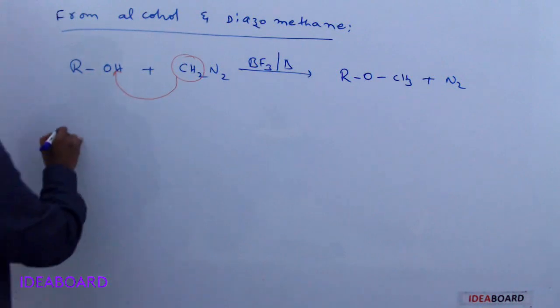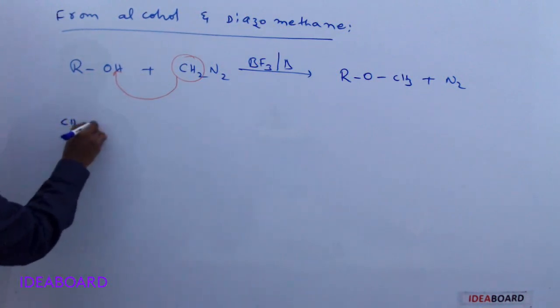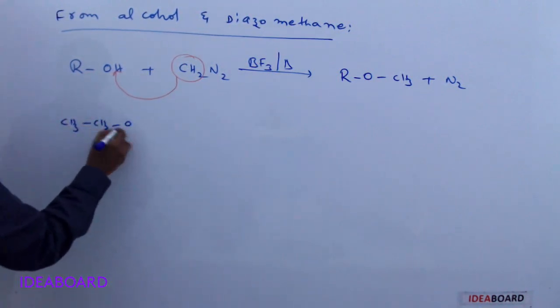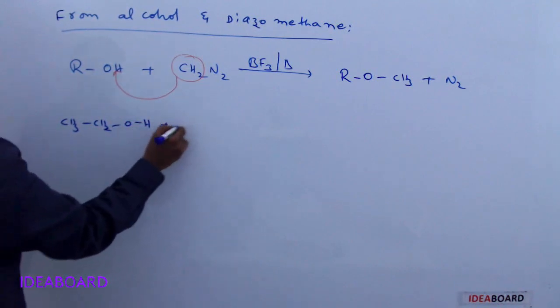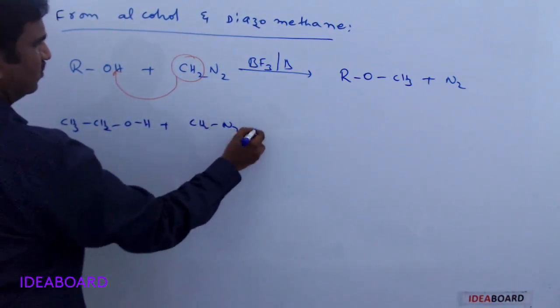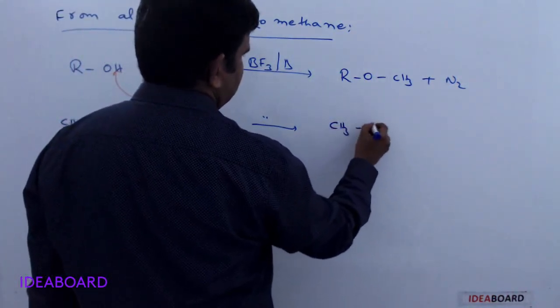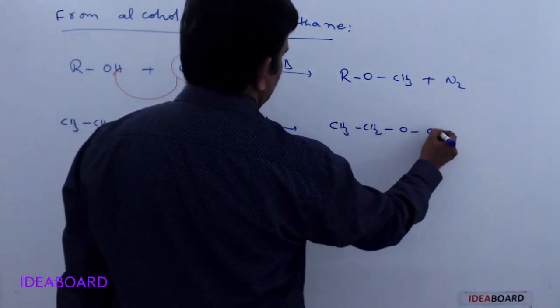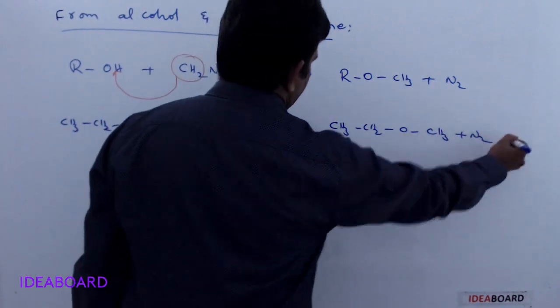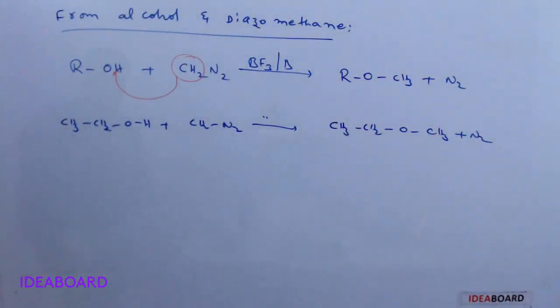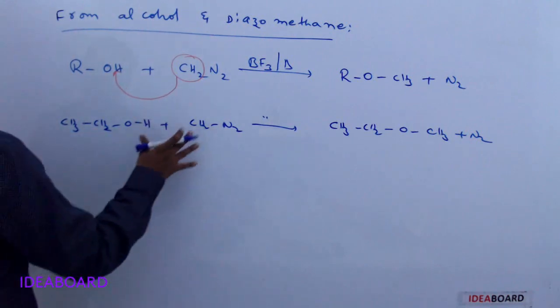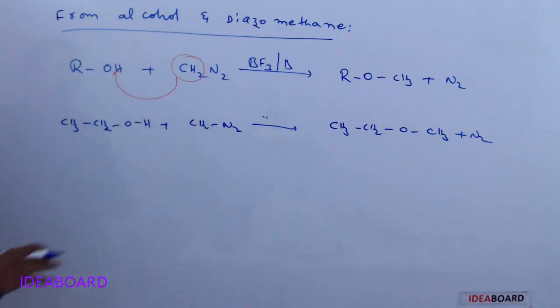This means the CH2 group is introduced into the OH. Suppose you have CH3CH2OH plus CH2N2; with the same reagent we will get CH3CH2OCH3 plus N2. The diazomethane group is introduced between oxygen and hydrogen, and you get the methyl group.